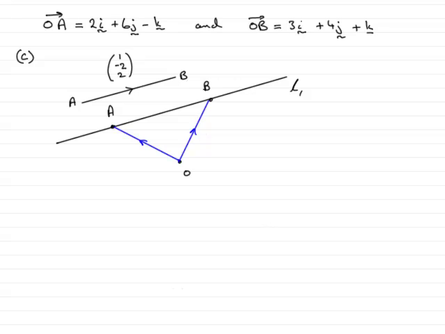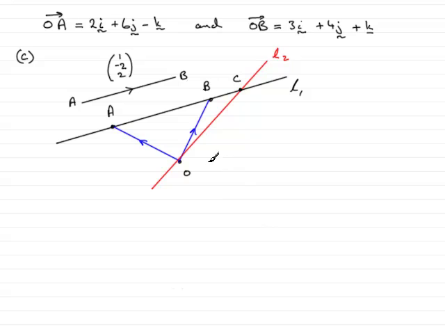I'll draw that in. I'll choose another color for that line. Let's have a red line here. So imagine that we've got our line going through the origin, and let's suppose it's that line there, L2. We're told that this crosses over the line L1 at a point C, so I'll say that's the point C. And we're also told that this line L2 is going in the direction of the vector i plus k.